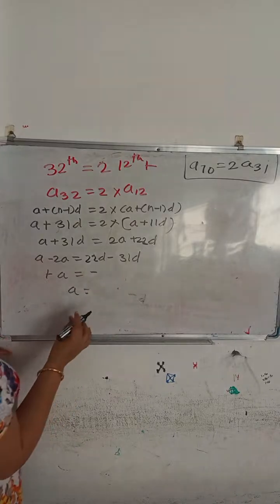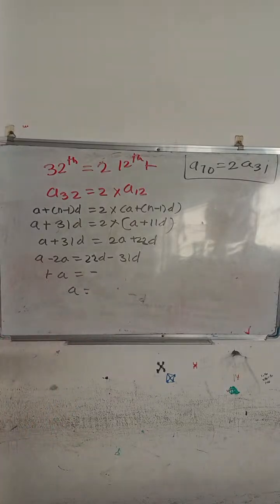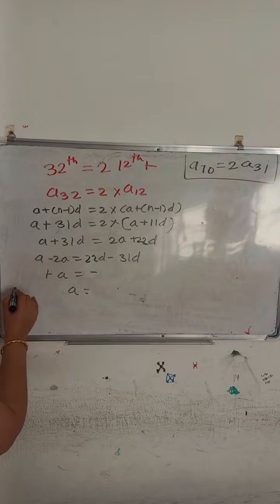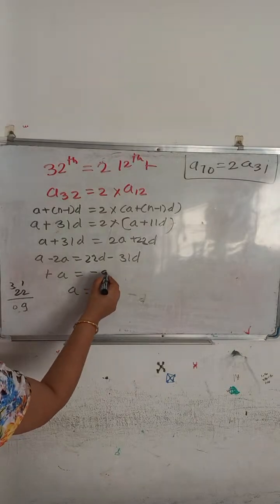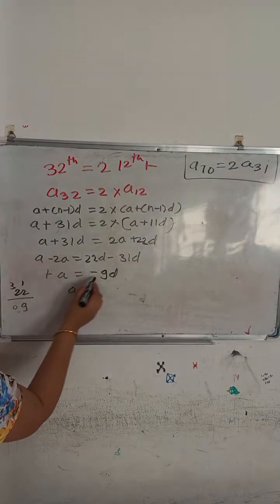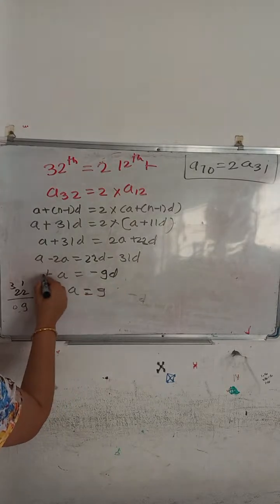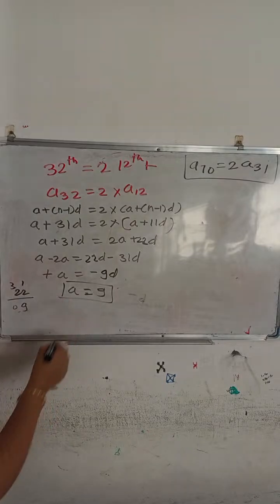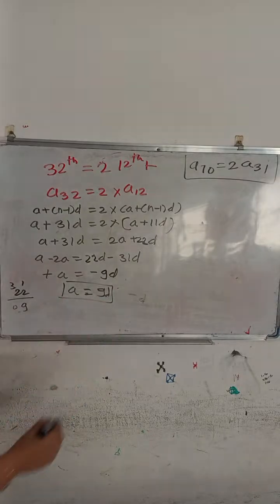And here you will get 31 minus 22, which is nothing but how much? 9. It is minus 9. So minus and this minus get cancelled and you will get A is equal to 9D. Okay, A is equal to what? 9D. I got this relation.